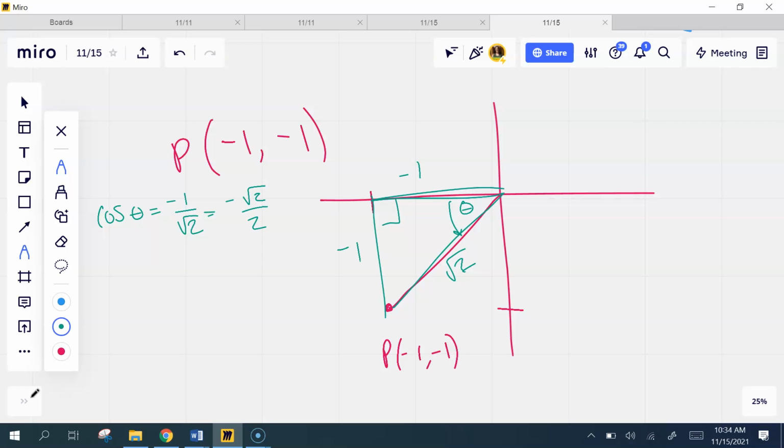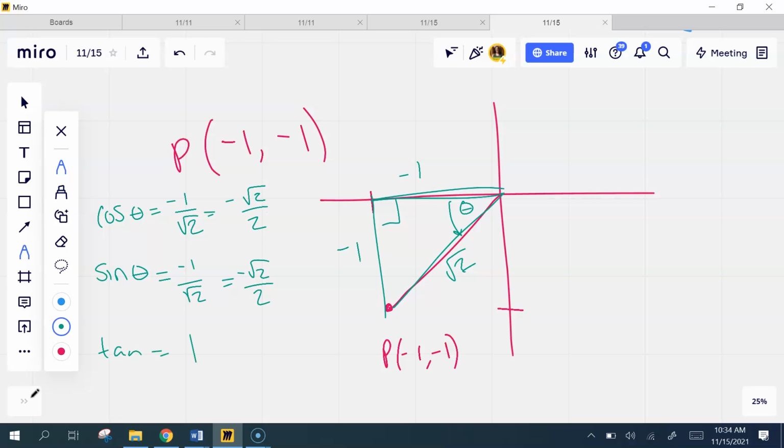How about the sine? Same thing. Tangent.